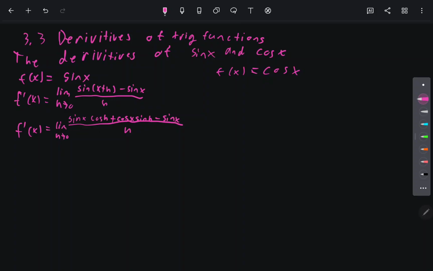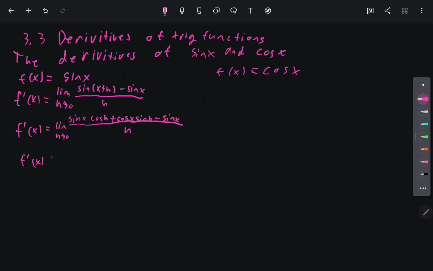Well, what can we do with this? We are going to use some of our limit properties and break this down a little. So we are going to get our sine of x terms together.